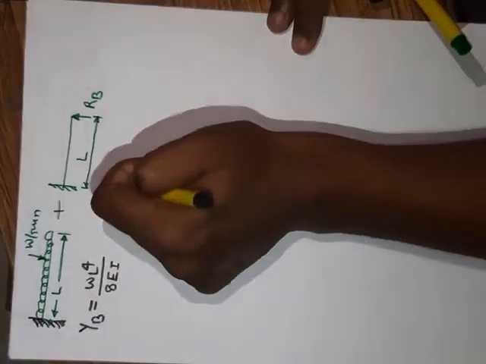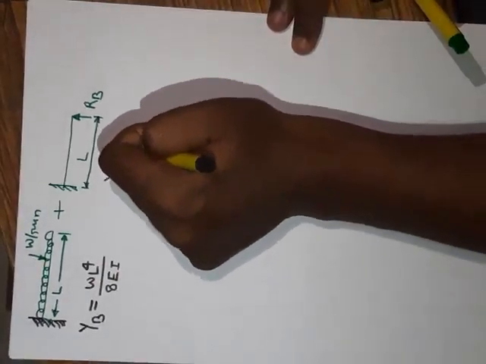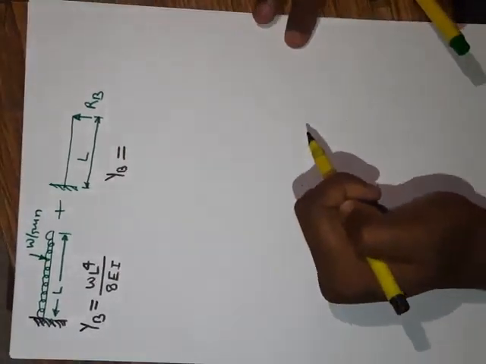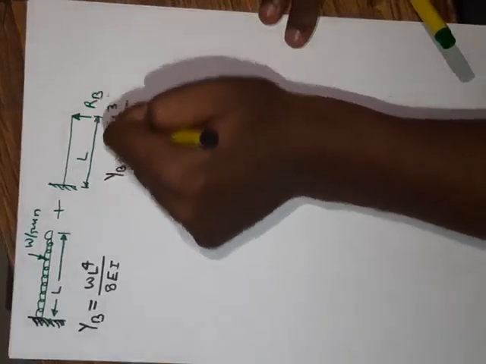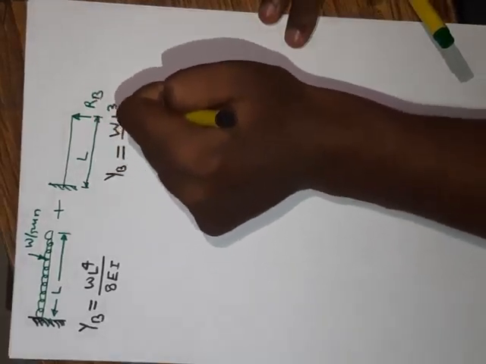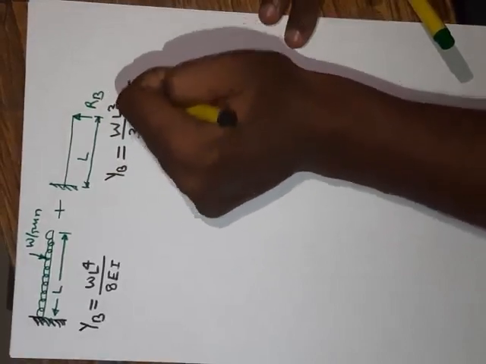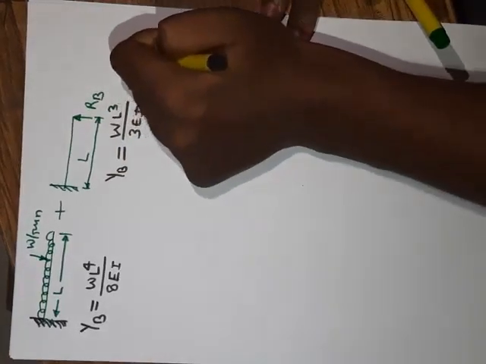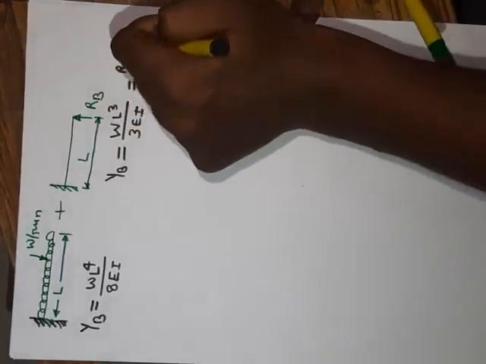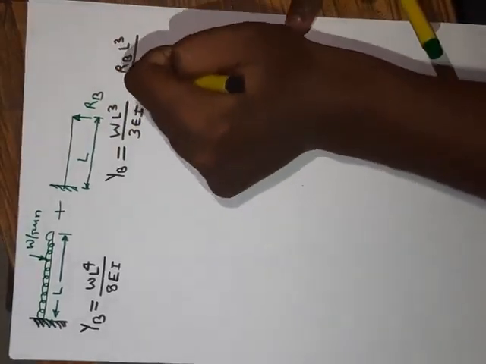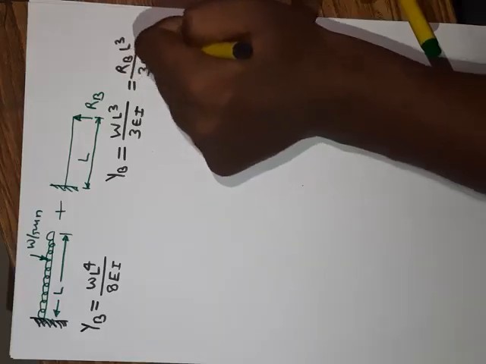And in the other case, deflection at point B equals WL cube upon 3 EI. What is W here, students? W is the reaction RB, so RB L cube upon 3 EI.